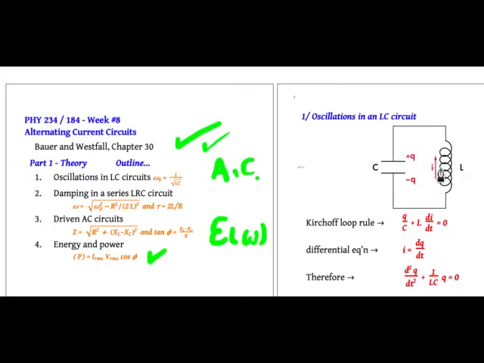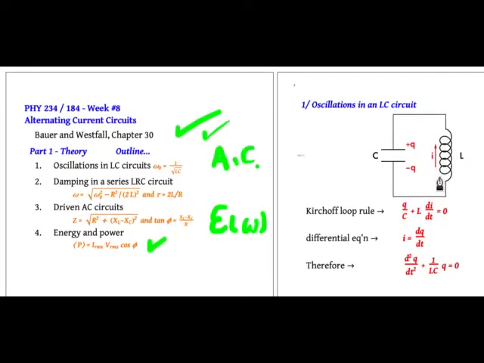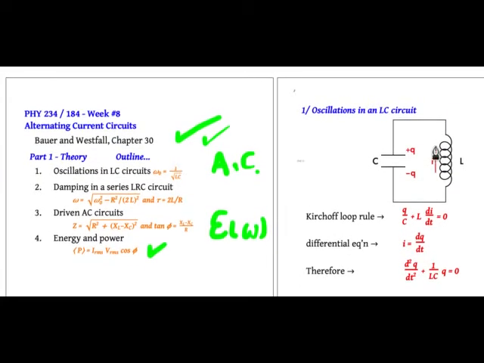And of course, the answer is going to be an alternating current. So sometimes the current will be positive and sometimes it will be negative, as the current will alternate back and forth, sometimes clockwise, sometimes counterclockwise.